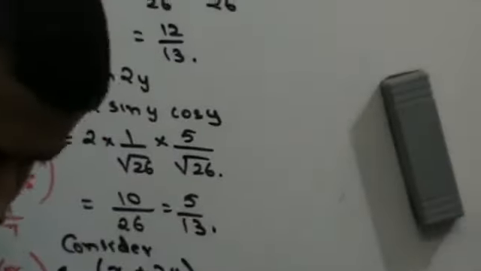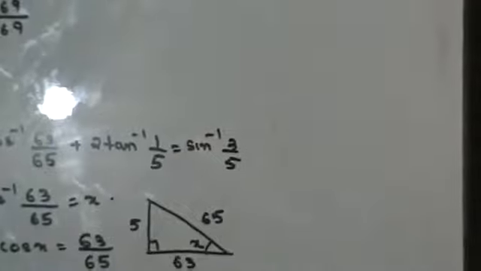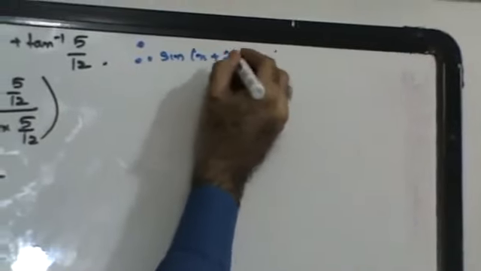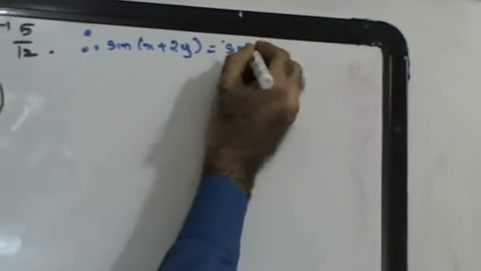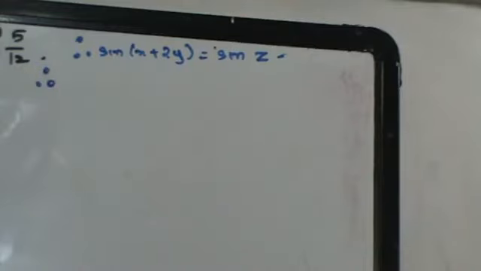Right? So what have I just proved? I have just proved that sine of x plus 2y is sine z. This is what I have just proved. Sine function I can cancel from both the sides. Therefore, I can say that x, what was x?